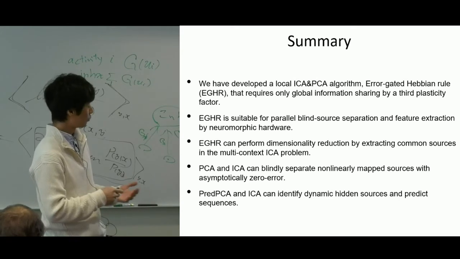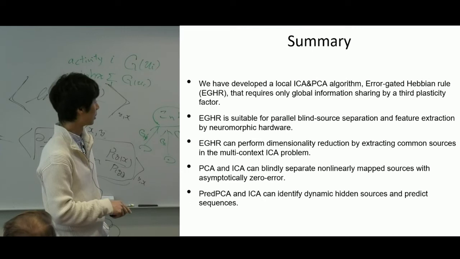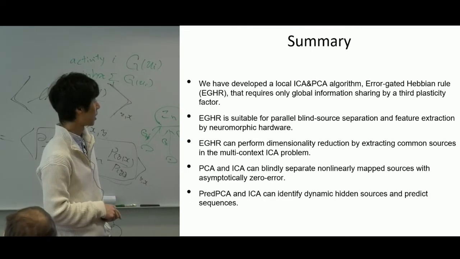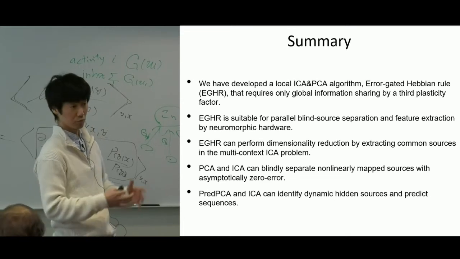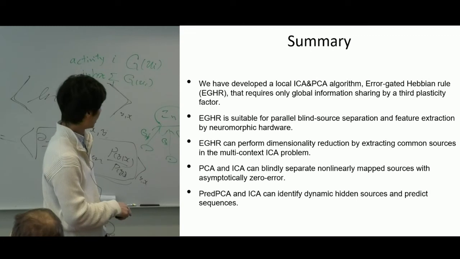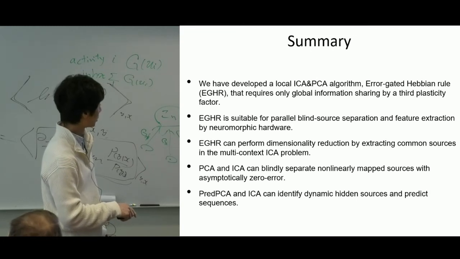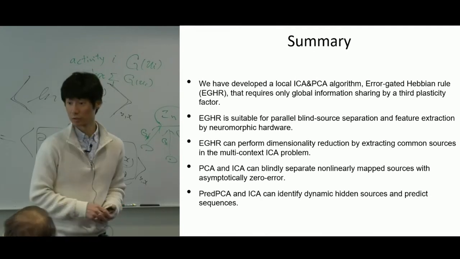And then we apply that to some nonlinear cases. PCA and ICA can blindly separate nonlinearly mapped sources with asymptotically 0 error, provided many observations and multiple sources. And PredPCA and ICA can identify dynamics of hidden sources and predict sequences.